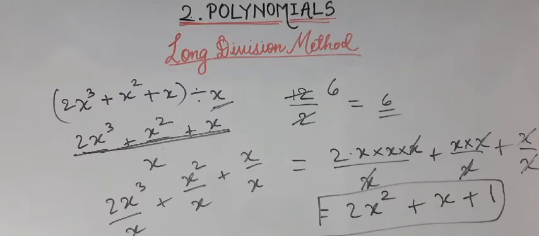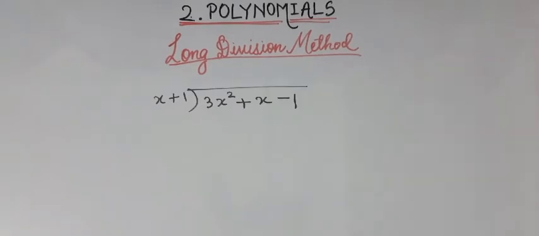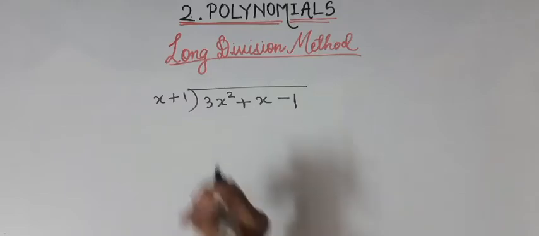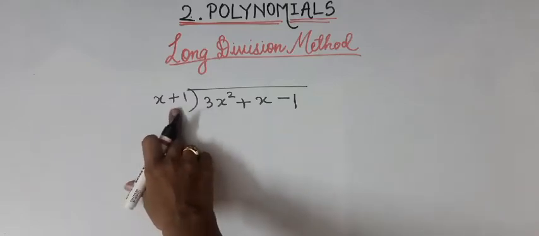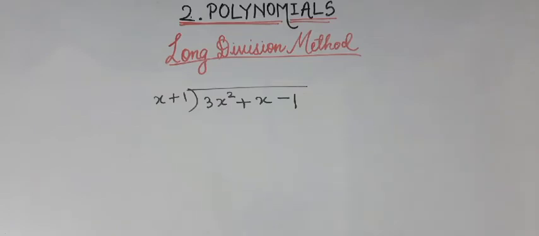Suppose we want to divide this. Now if you see, the divisor is not a monomial and we are going to do it with the long division method. We are just following the steps which we use for dividing numbers.